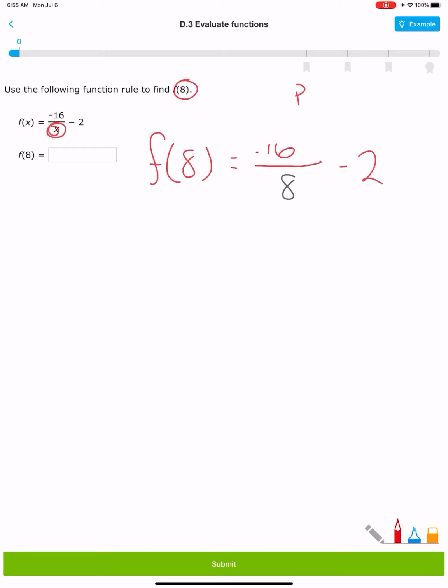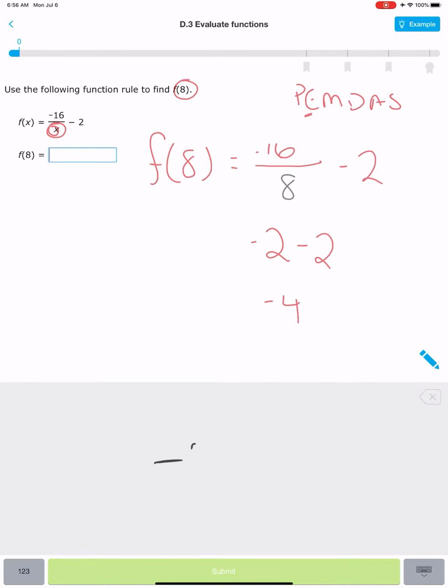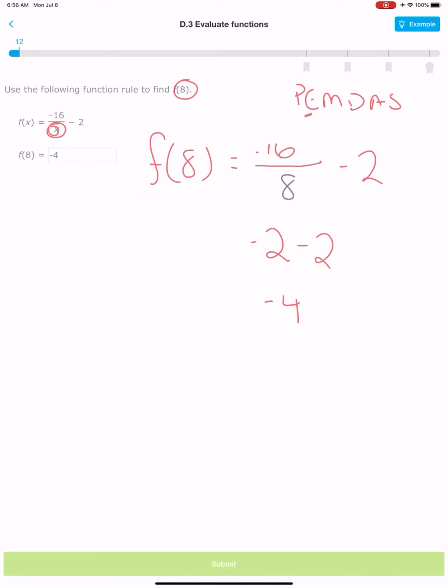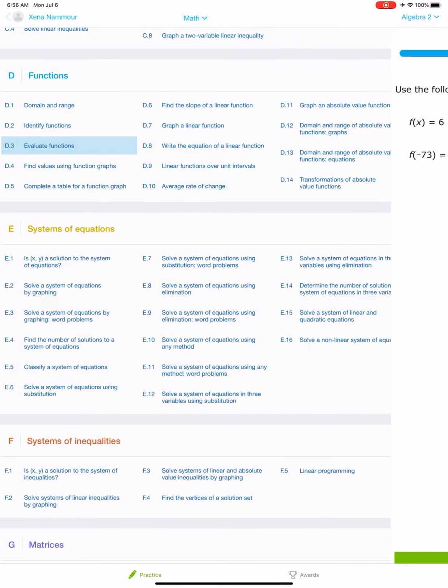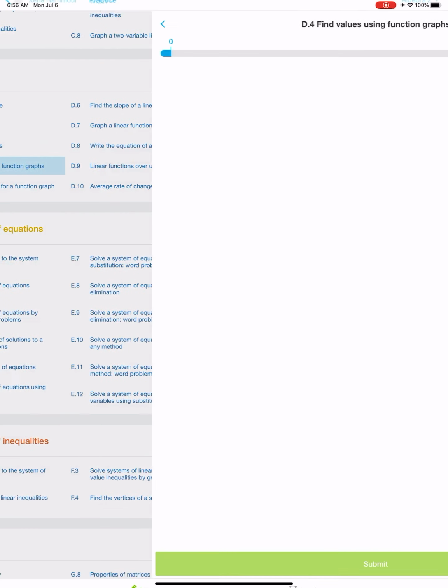Remember PEMDAS. Parentheses, exponents. Okay, we don't have any of that. So we're moving on to multiplication, division. Negative 16 divided by 8 is negative 2 minus 2. Negative 2 minus 2 is negative 4. So our answer is negative 4. Okay? And you continue to do that for D3.